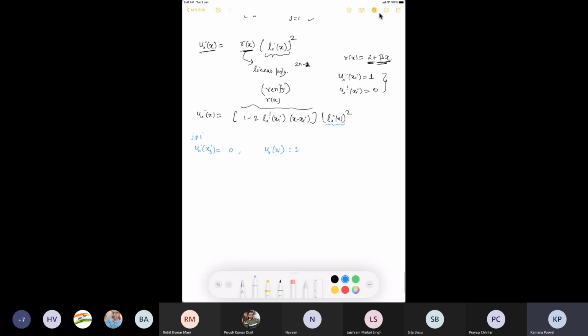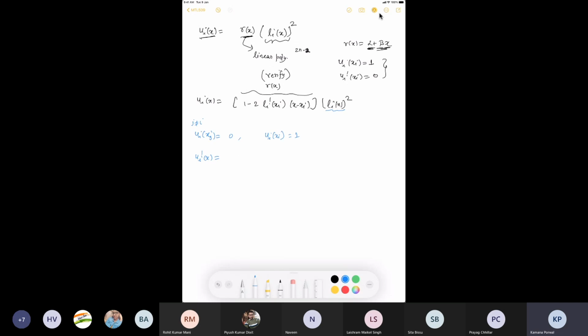That's a quick check. And if you take the derivative of this Ui, what will it be? So 1 minus 2 Li prime (xi) (x minus xi), and the derivative of this is going to be 2 Li(x) Li prime(x). Now the derivative of the first term is going to be minus 2 Li prime (xi) times Li(x) squared.